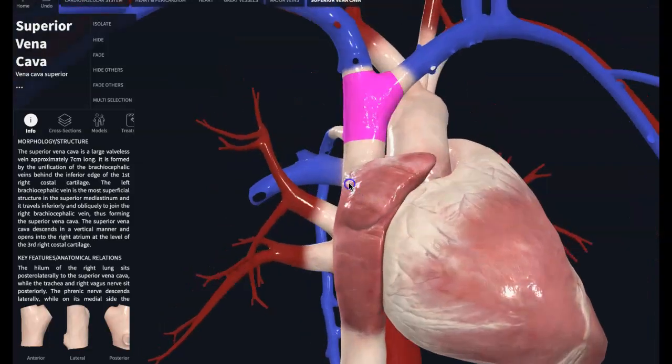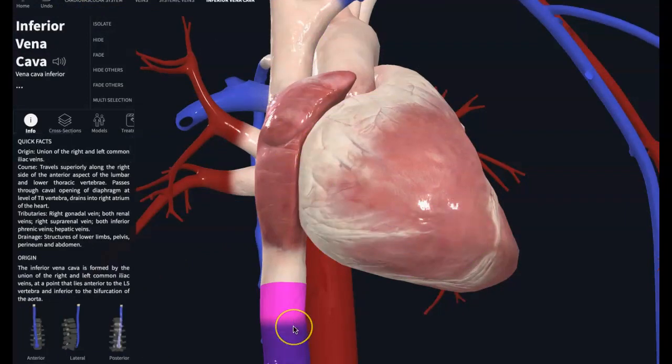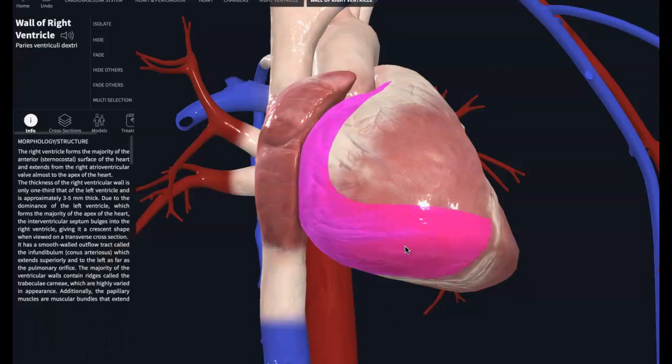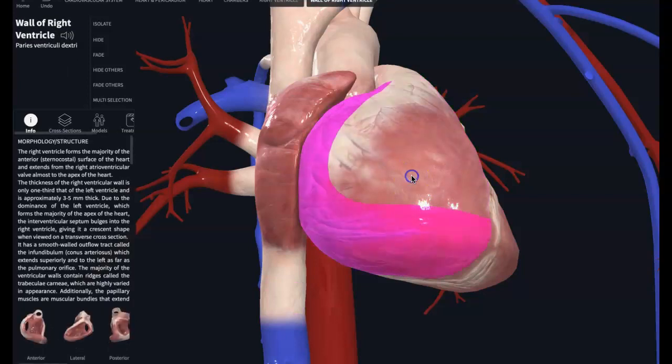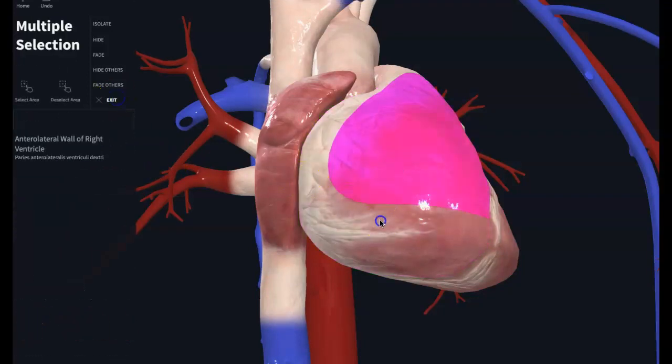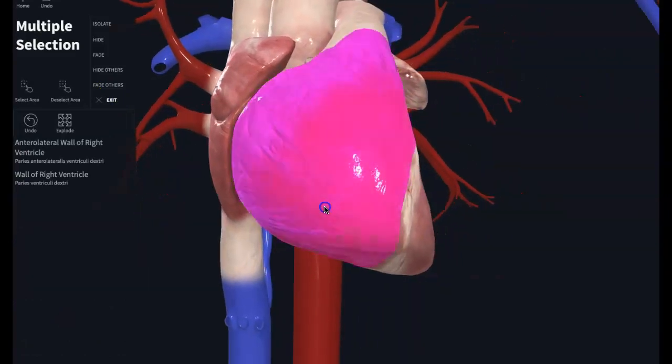The inferior border, starting on the right side, consists of the inferior vena cava and the right ventricle. So here are the walls, the pieces of the right ventricle. So this entire thing is the right ventricle of the heart.